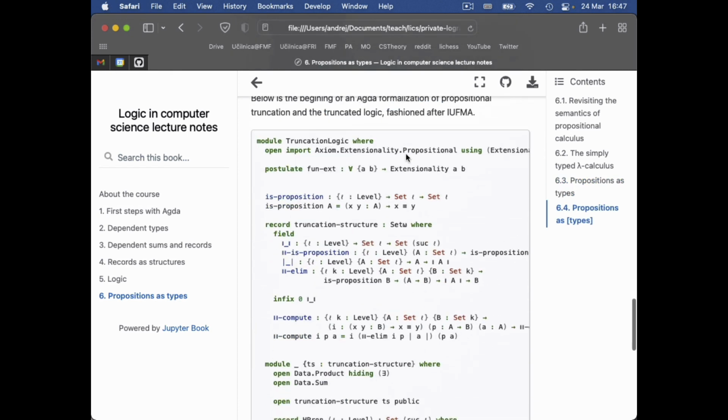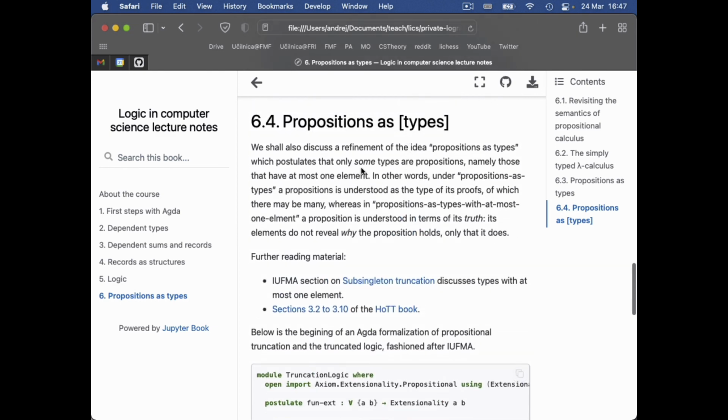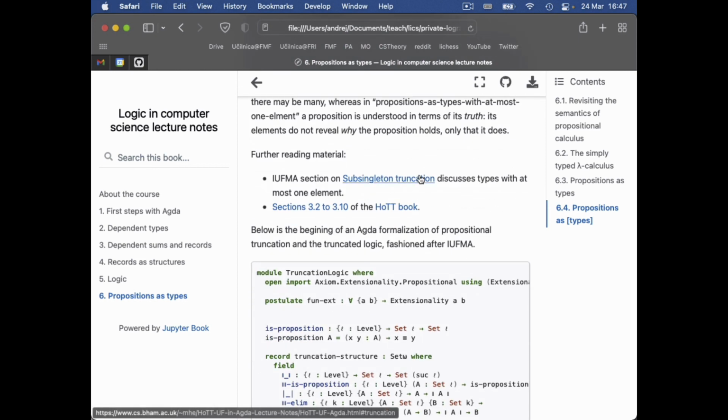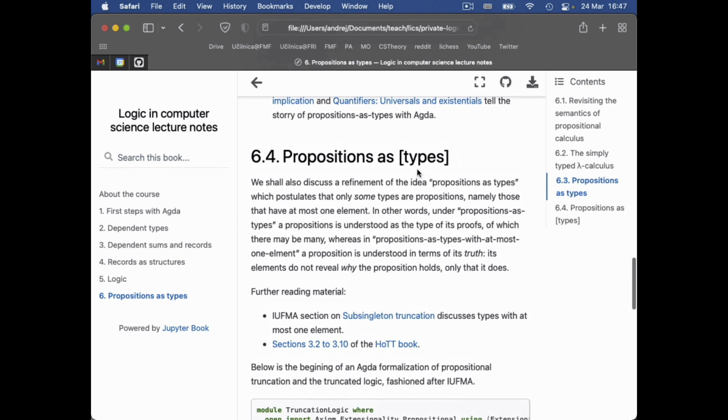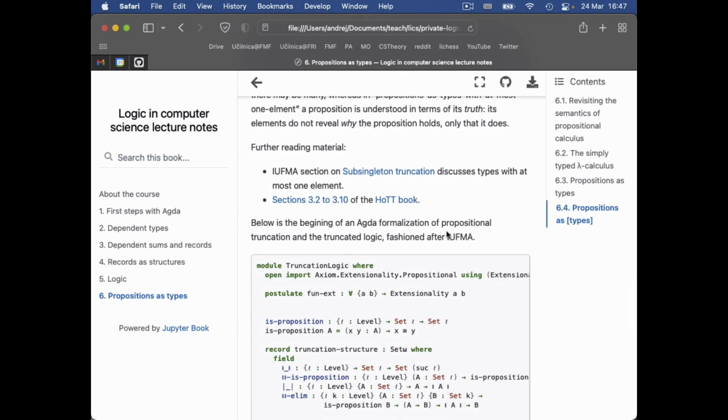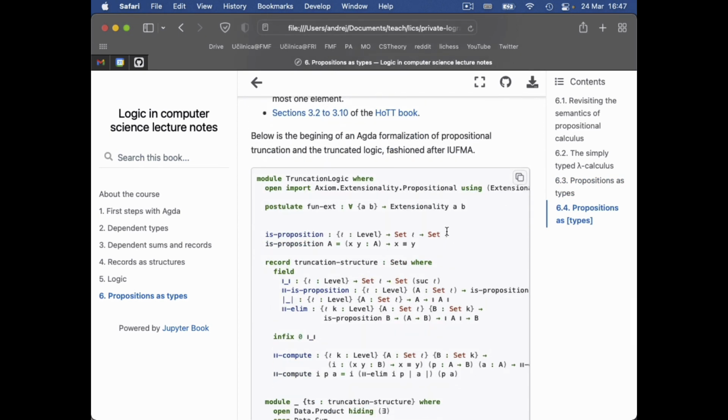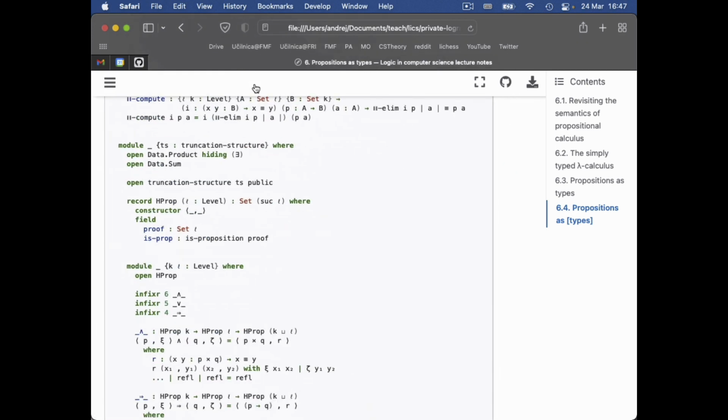Now, this idea that not all types are propositions, only some of them, namely the ones with at most one element, sometimes goes by this name because there was a paper by Steve Awodey and myself about this, where this arose. Actually, this was probably 2004, 6 or something like that. It's a precursor. Okay, so let's have a look at how we would do this in Agda a little bit.